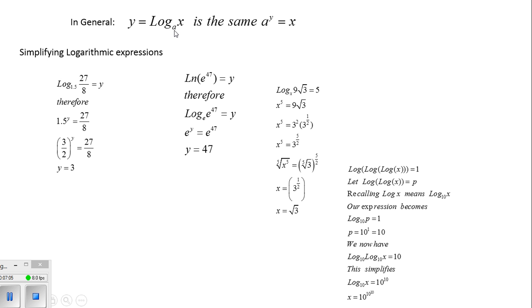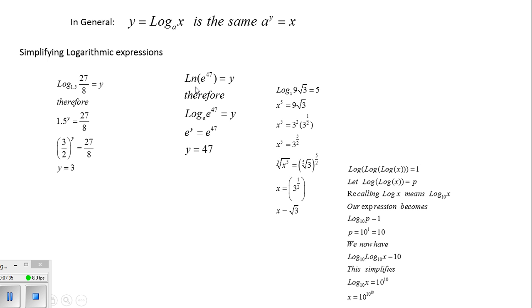A to the power y is equal to x. So log base 1.5 of 27/8 is y is the same as 1.5 to the y equals 27/8. And of course, then we can put those on a common base and solve for y, which is 3. Common base being 3/2.